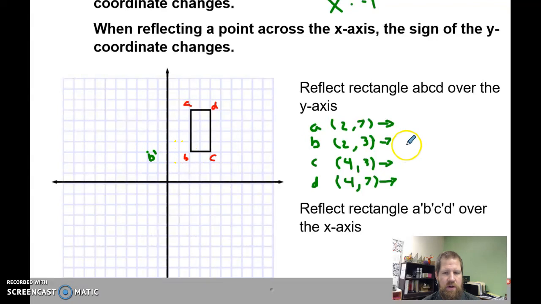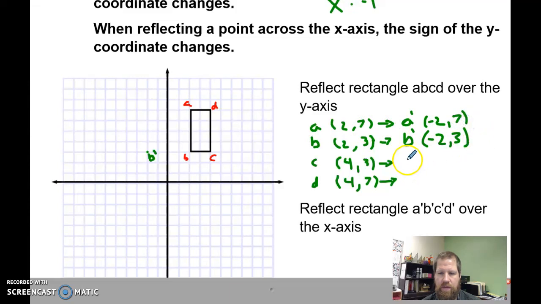This is a positive 2. That means B prime is going to become -2, 3. My y coordinate doesn't change, just my x coordinate. Same thing for A. It is positive 2. It should become -2.